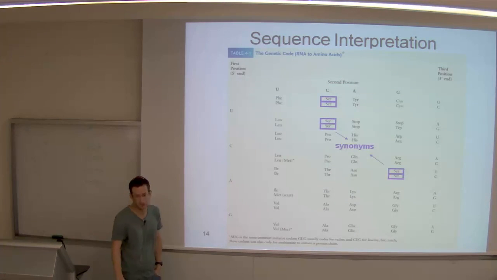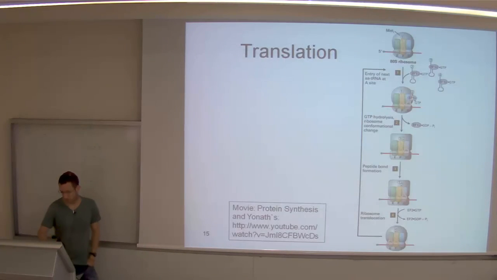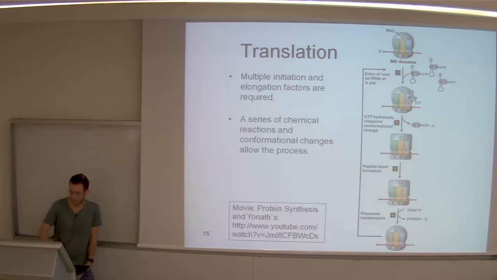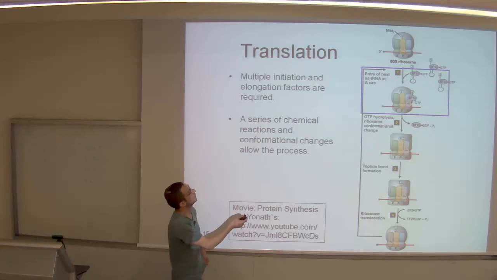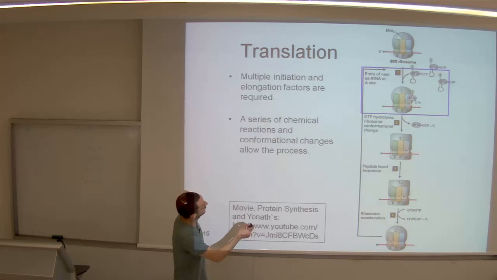Okay. So this is the genetic code, and we will end this chapter. We're going through very briefly, very schematically, the process of translation, mechanistically wise. So the ribosome scans the messenger RNA, and then it finds its start codon.